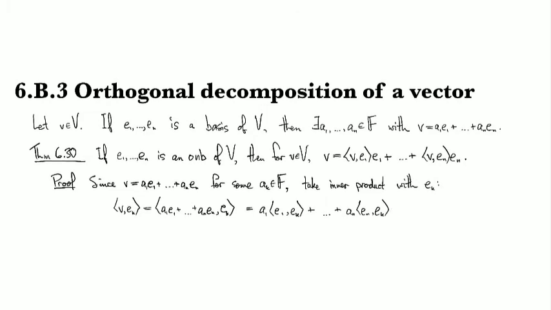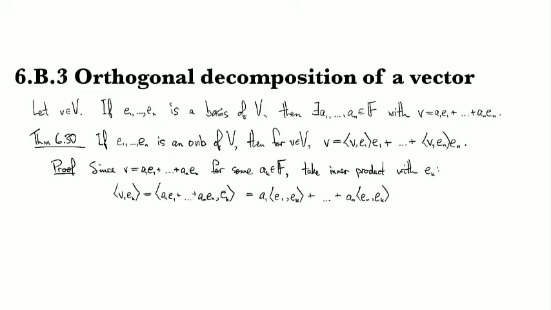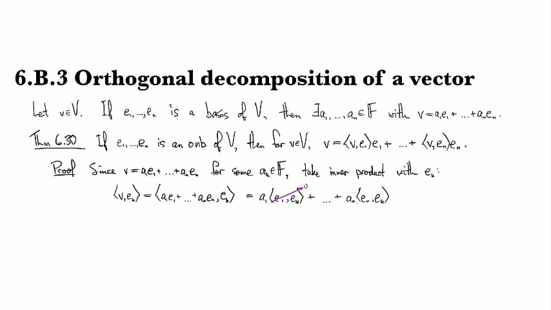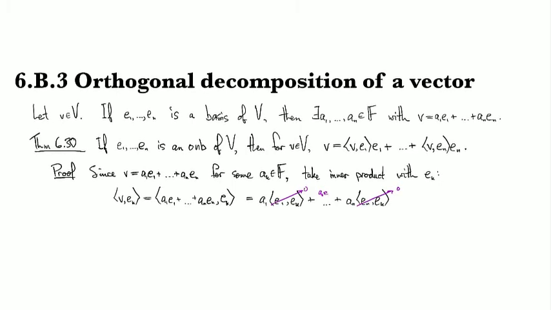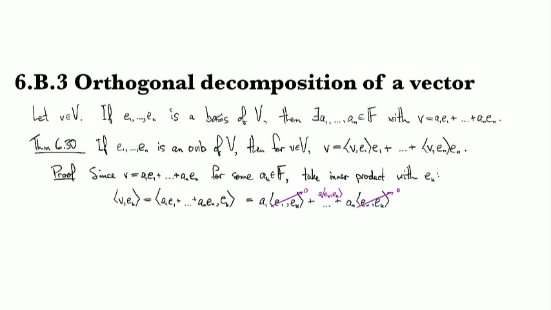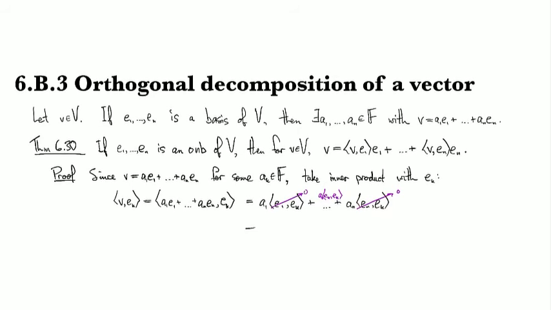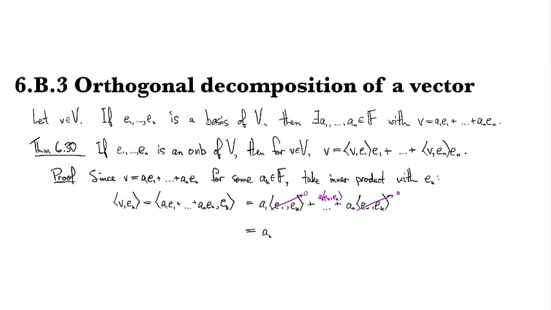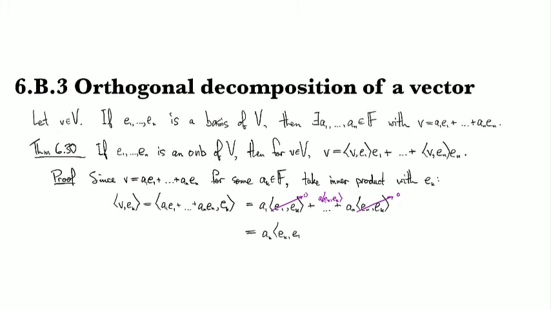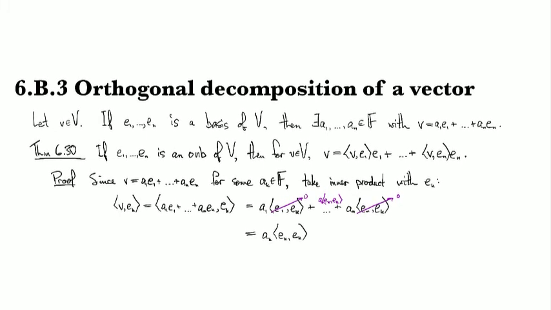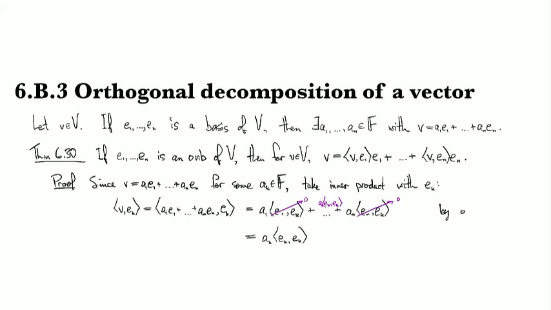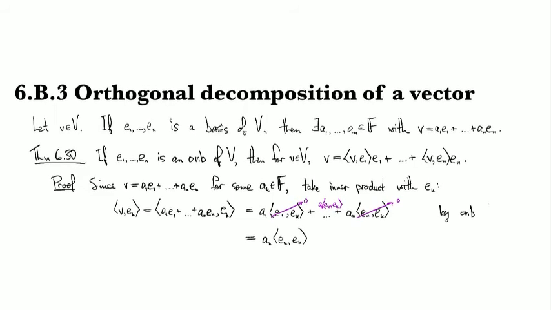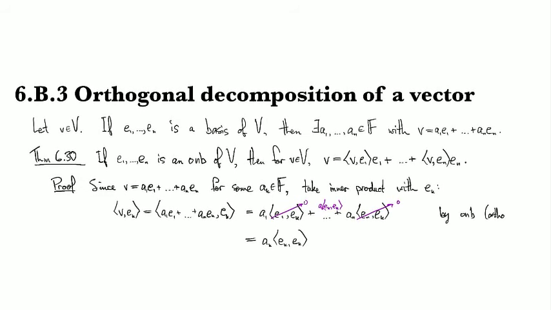And then by orthogonality, all of these are going to be 0 except for the one in here, which is AK, EK, EK. So that'll be the only one that survives. This is by the fact that it's an orthonormal basis, and it's the orthogonality part.